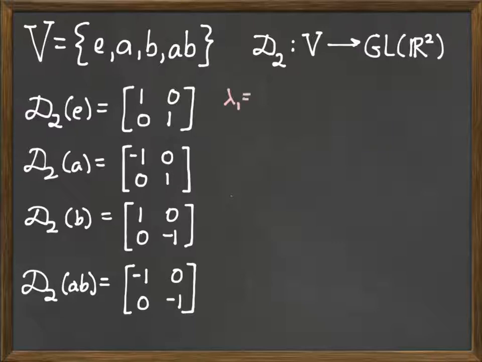Well, we would have lambda squared minus lambda, let's see. So 1 minus lambda times 1 minus lambda.